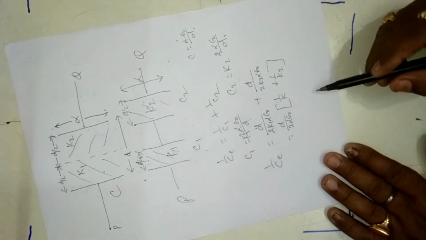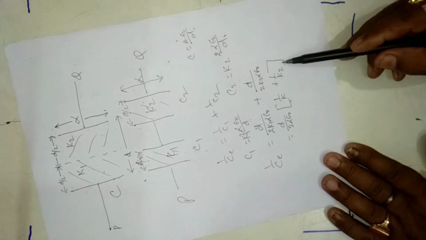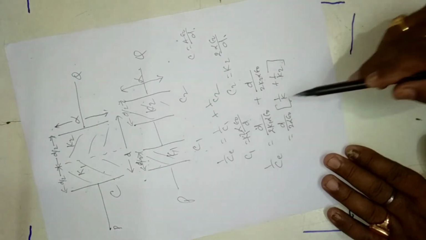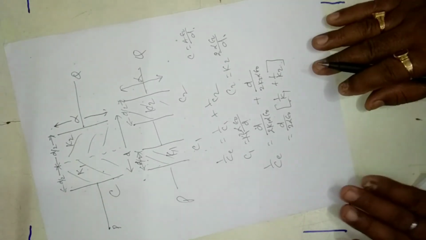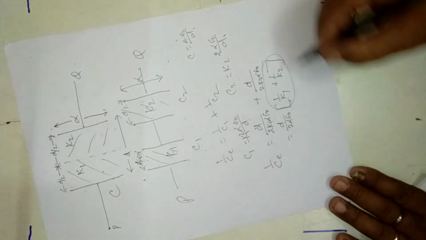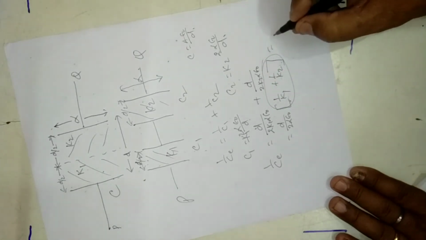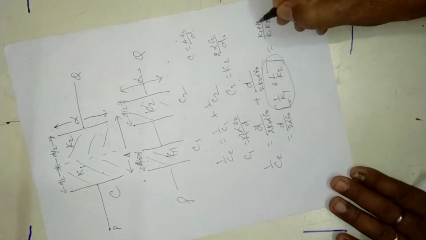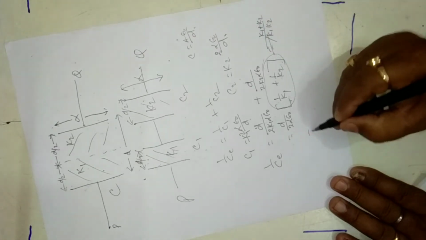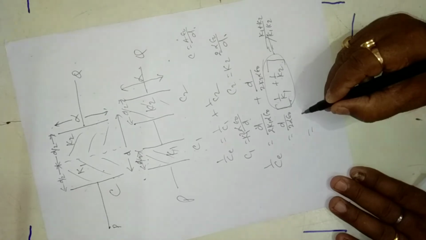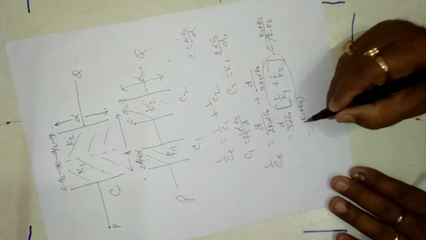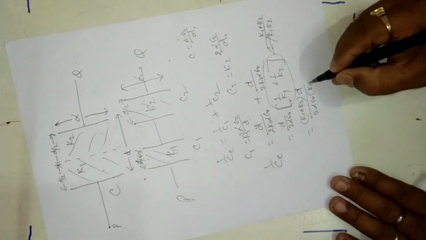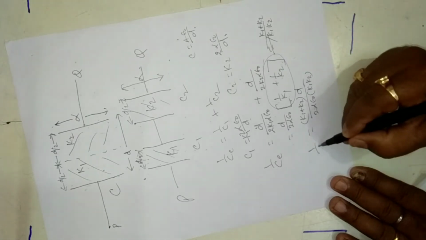So, my dear student, you can see the dielectrics are connected like a series combination, 1 by K1 plus 1 by K2. If you solve this, you will get K1 plus K2 over K1 K2. So we can write K1 plus K2 into D by 2 alpha epsilon naught K1 K2. This will be the 1 by C.